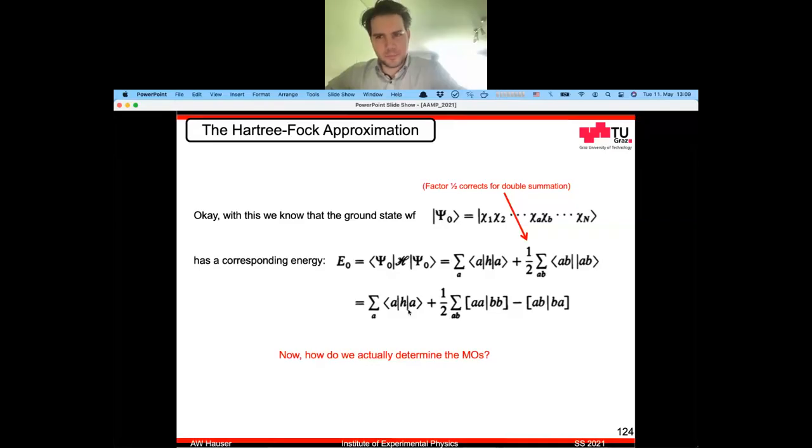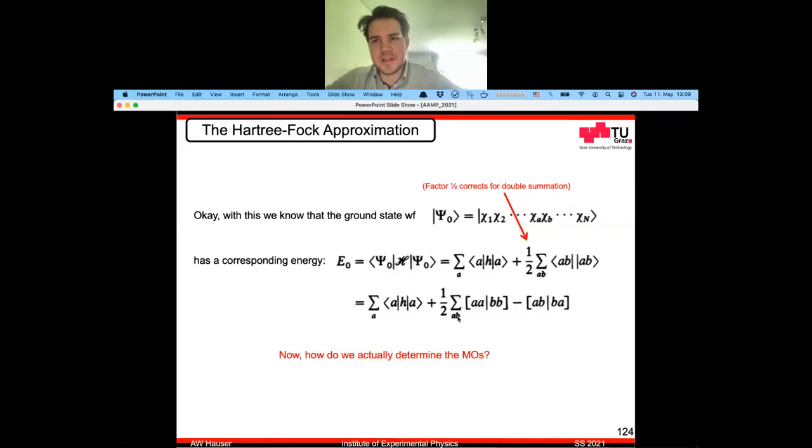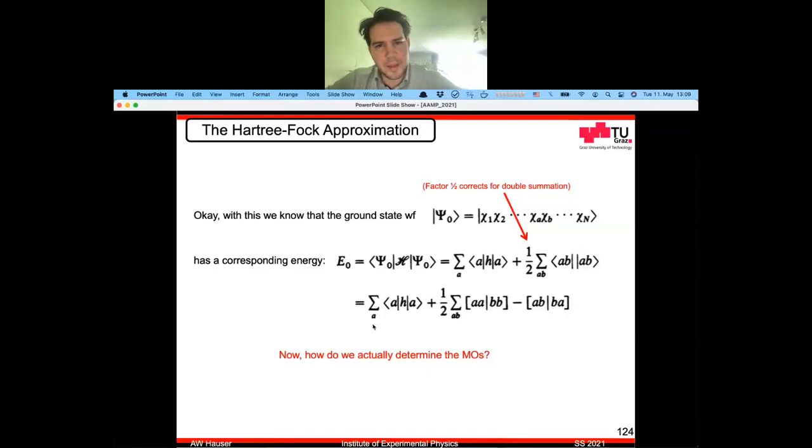But I'm wondering, shouldn't there be two sums for H1 and H2? The double sum is the one with two indices, not the core electron one.